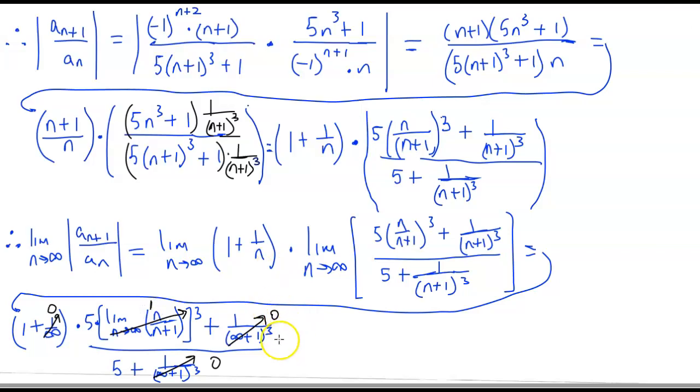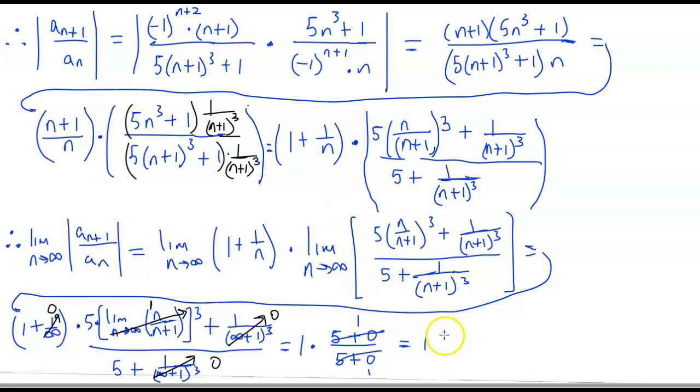And so with that, our result ends up being 1 times, over here we have 5 times 1 cubed, which is just 5, plus 0 over 5 plus 0. So we have all this, and of course this goes to 1. So we just have 1 as our answer.